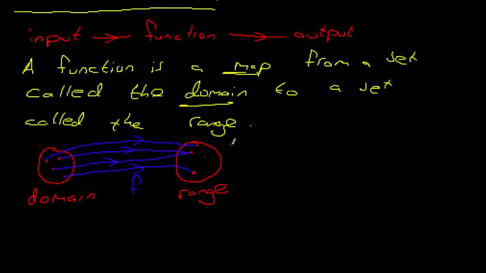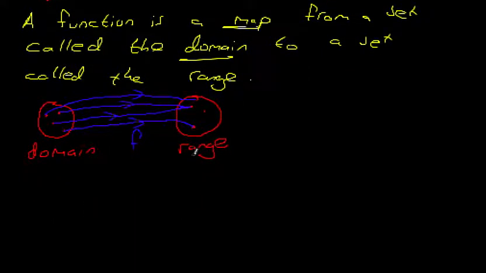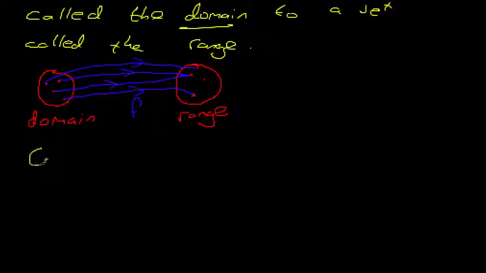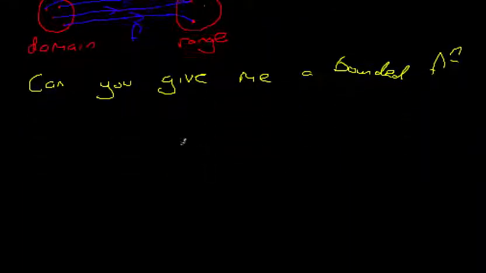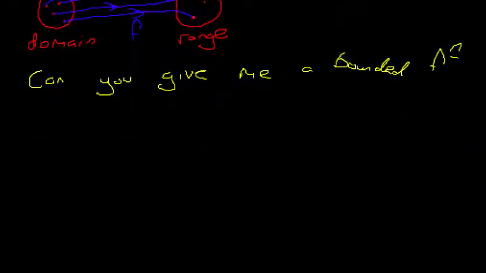So a question I asked when I was doing interview prep is, can you give me a bounded function? Now, what do I mean by bounded? Again, you maybe have some idea of a function which is between two lines.